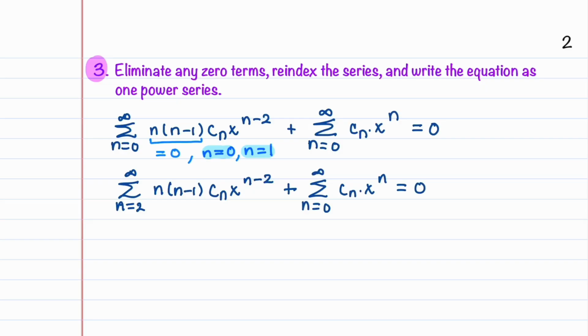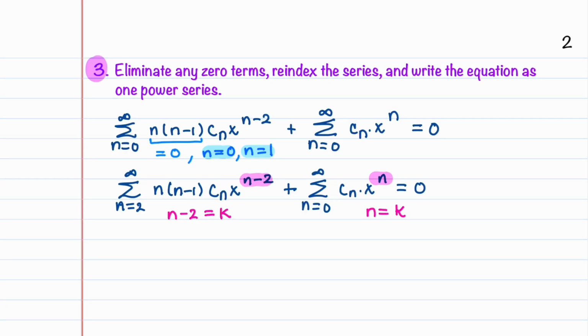Now we're going to do what's called reindexing the series. To reindex each series, we're going to let the power that each x is raised to equal another variable, and I'm going to choose that variable to be k. In our first sum, we're going to let n minus 2 equal k, and then in our second sum, we're going to let n be equal to k.